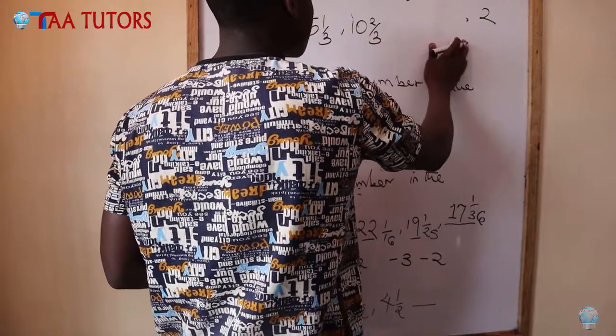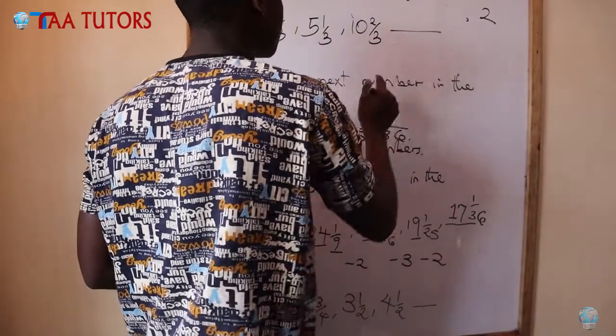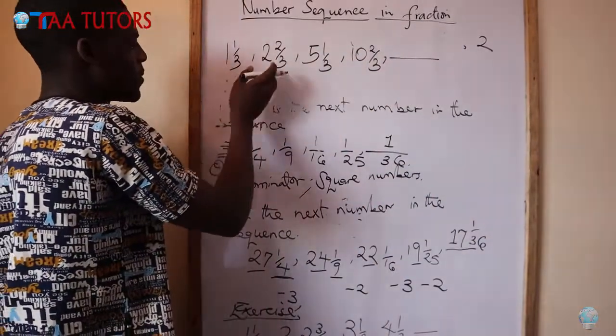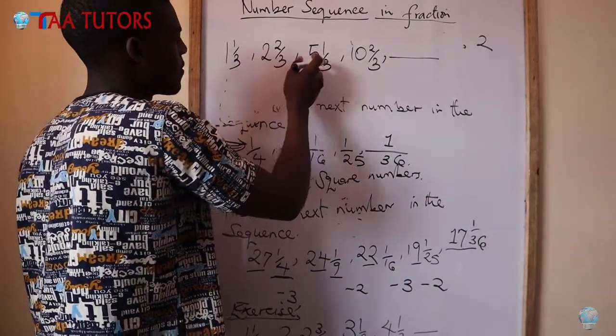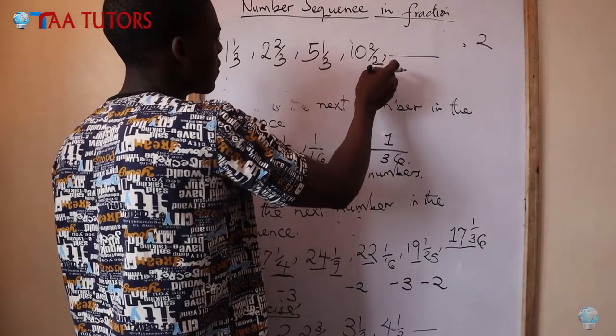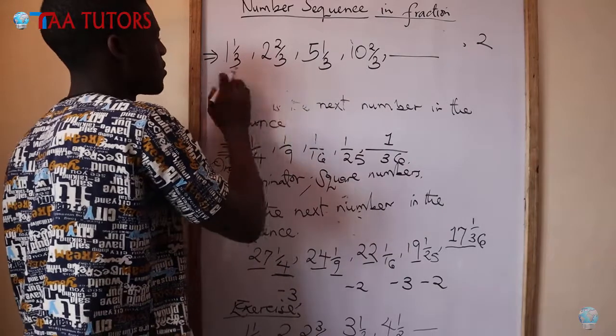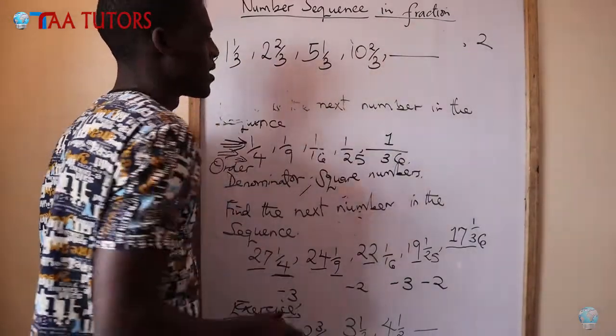So that is the sequence we are given. You are supposed to find the next number after 10 2/3. There must be an order they are using to get the next number. Determine that order from this and find the next number.